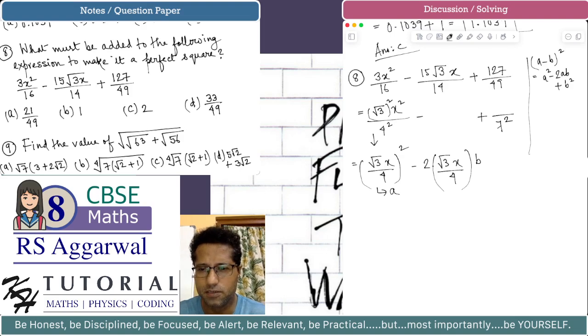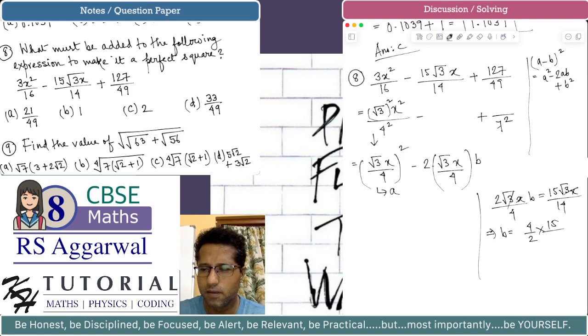So what can b be? We must have 2 into square root of 3 into x by 4 into b equal to 15 into square root of 3 into x by 14. Square root of 3 and x cancel out, and this implies b is equal to 4 by 2 multiplied by 15 by 14.